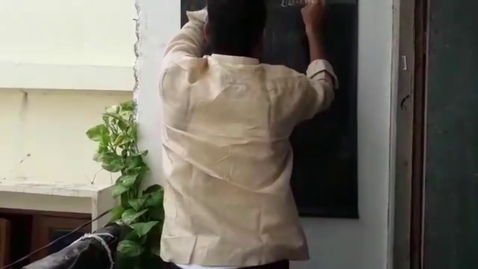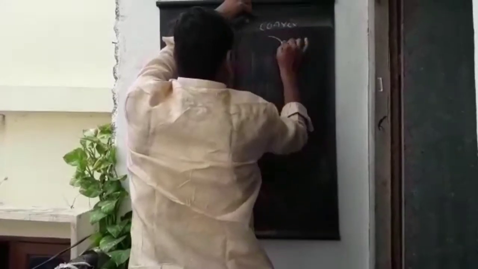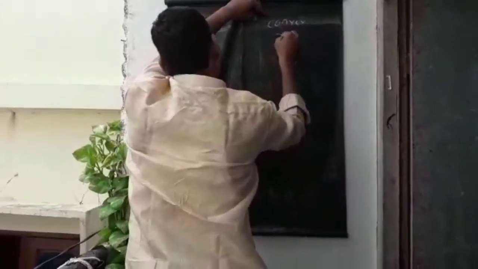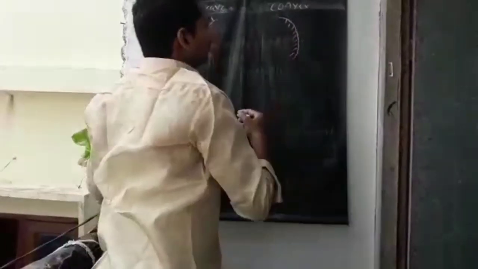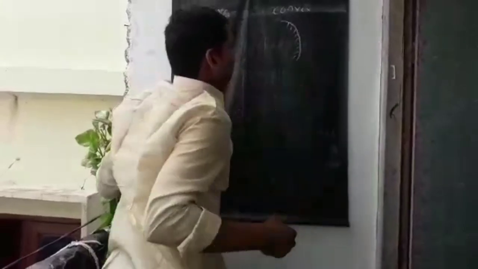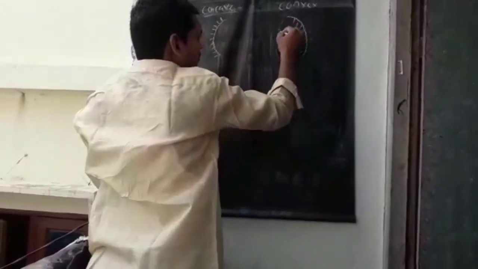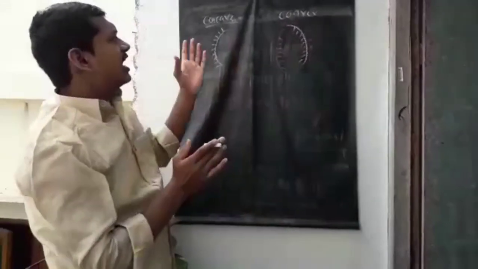So I'll explain about the convex mirror. This is the convex mirror. Or else we can take the convex mirror like this. So mainly concave and convex.